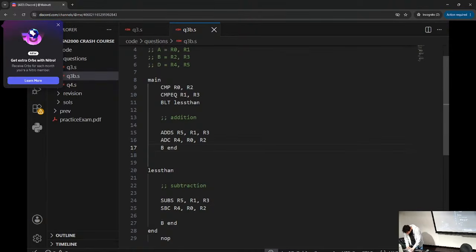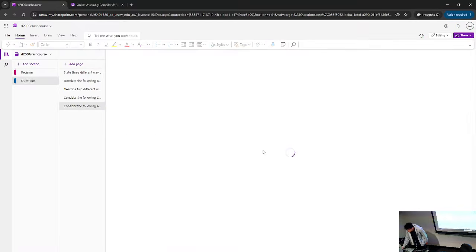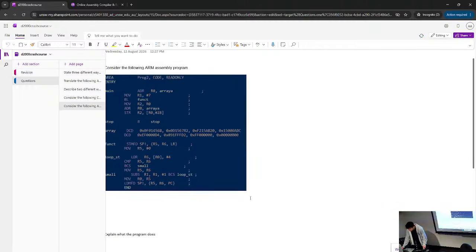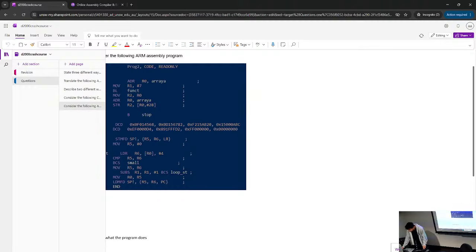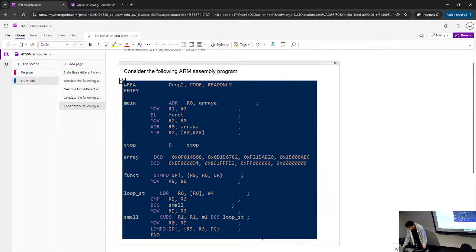Cool. Let's move on. There's one other question I want to do before wrapping it up. This one you don't have to code anything, but it's more about understanding the code.